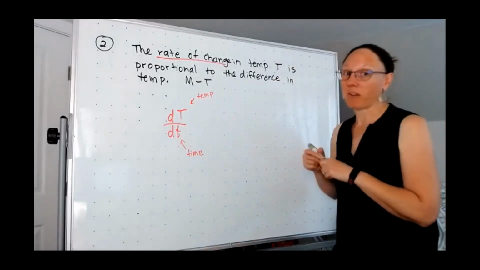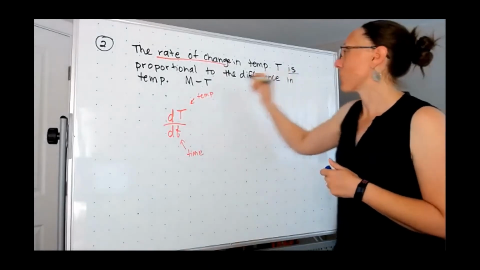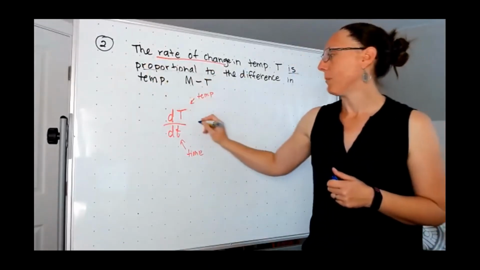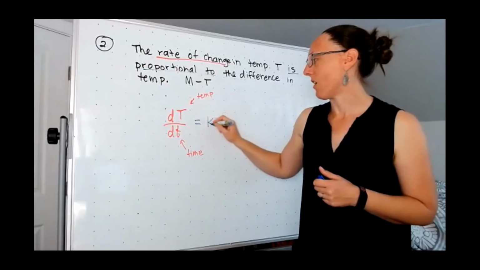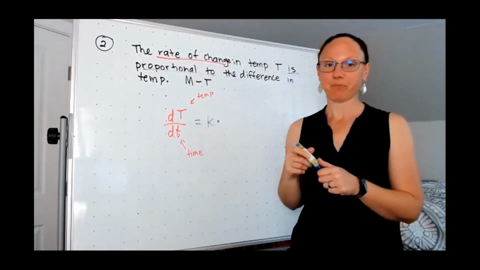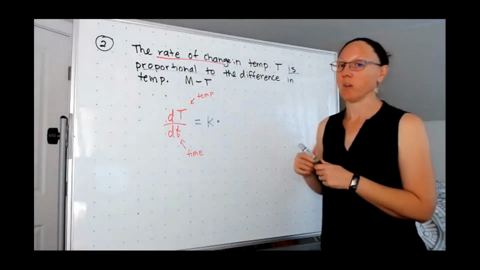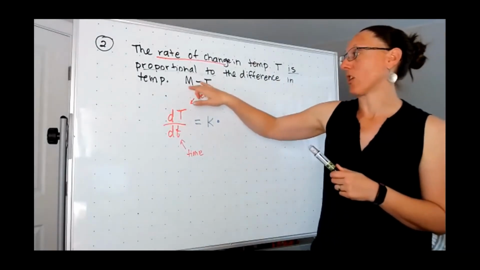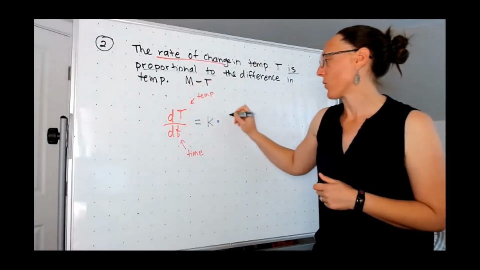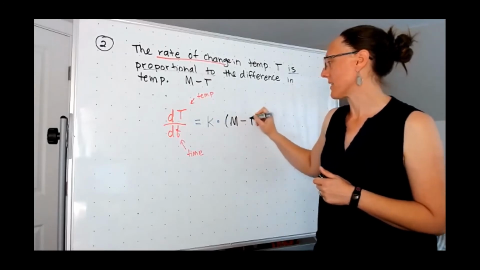Same thing as that previous problem, is proportional to means we write equals a constant times the thing that we've been told it's proportional to, the difference in temperature M minus T. So I'd have M minus T.